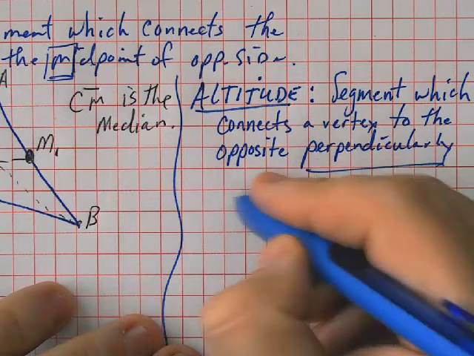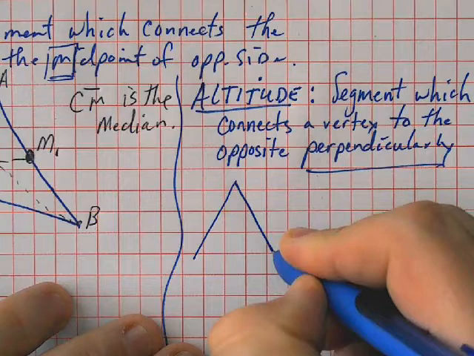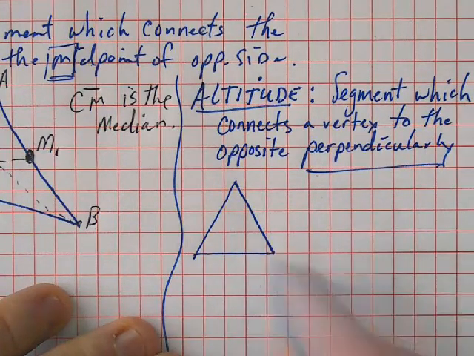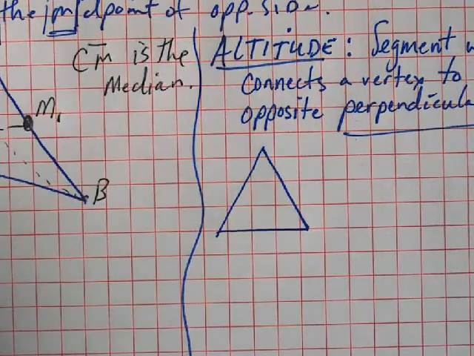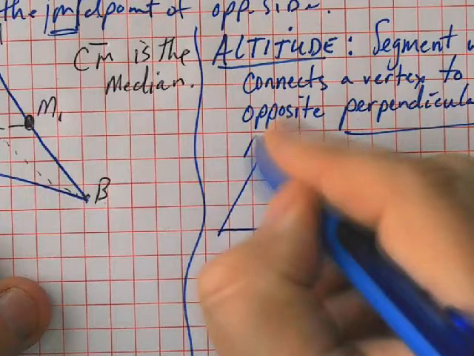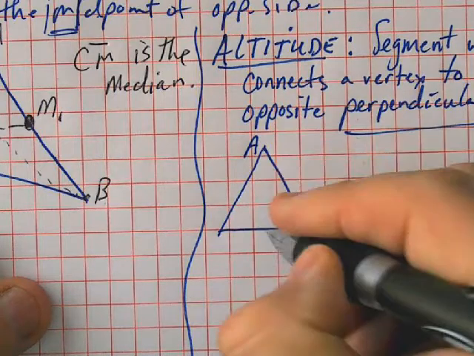All right, so let's take a look at that. What's that mean? Let's go to an acute triangle first. So if I'm going to go from the vertex, let's just go from A, we're going to go perpendicular to the opposite side. Well, perpendicular may not be the midpoint.